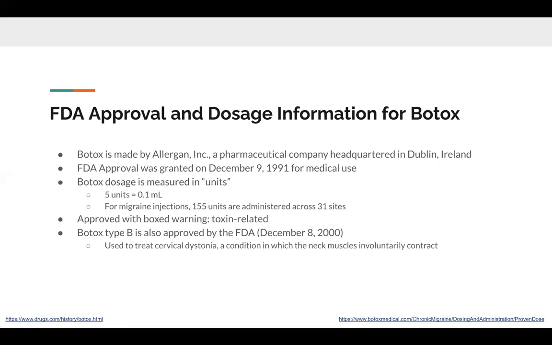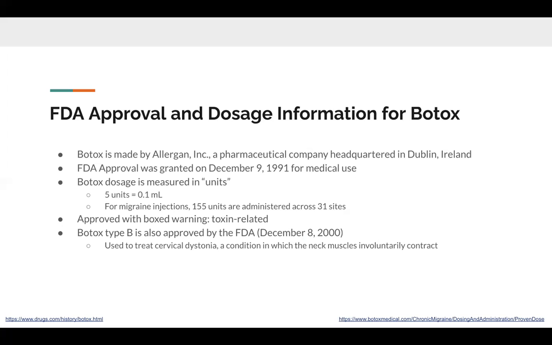So 5 units is 0.1 milliliters of the botulinum toxin. So for migraine injections, you have 31 injection sites across which 155 units are administered, which works out to 3.1 milliliters across 31 sites, or 0.1 milliliters per site.